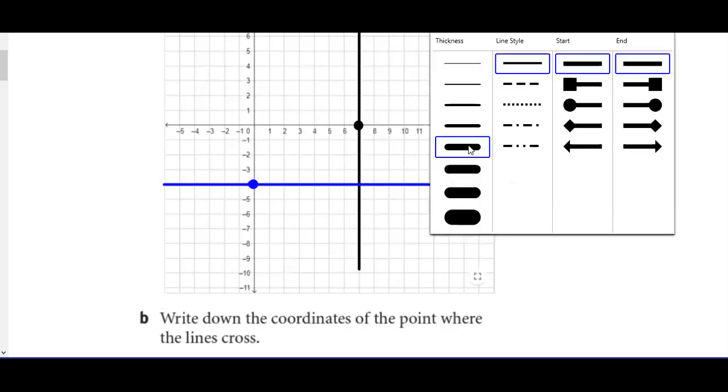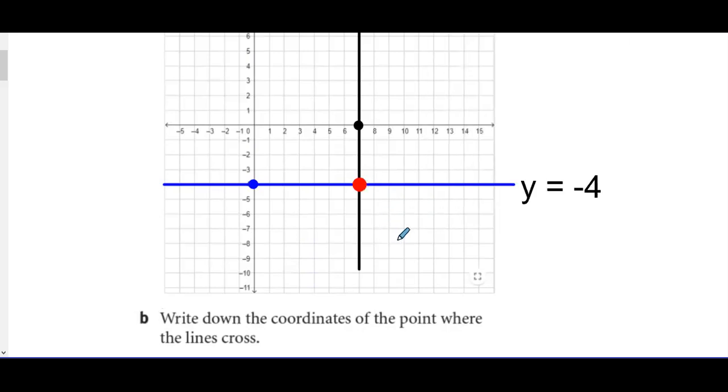Now put a mark where the two lines meet. Those two lines meet there. And then write the coordinates. The coordinates over here will be 7, -4. And as you all know, the coordinates should be in brackets.